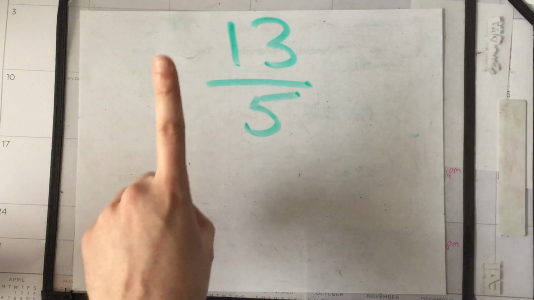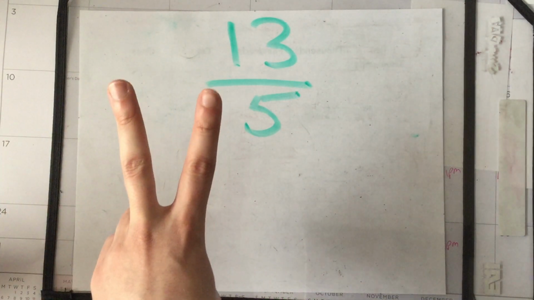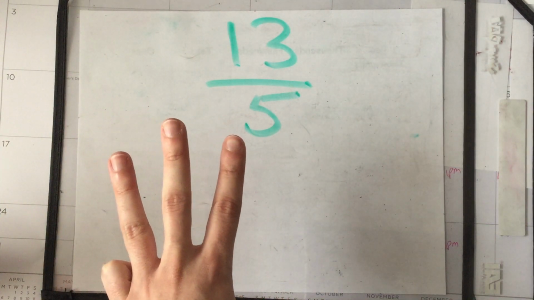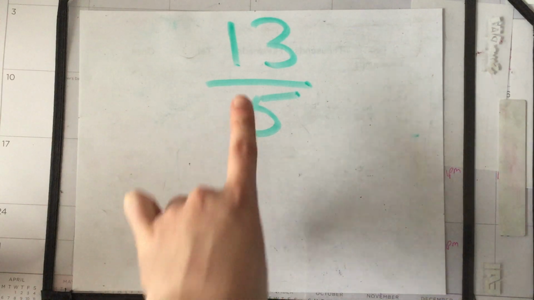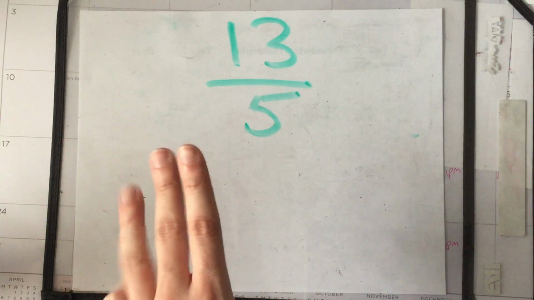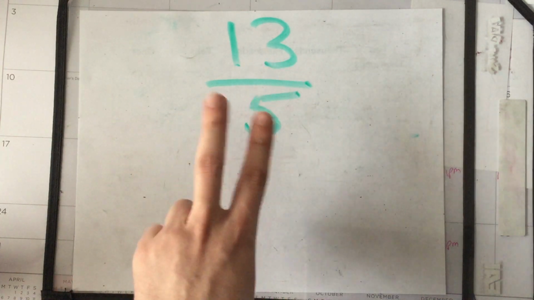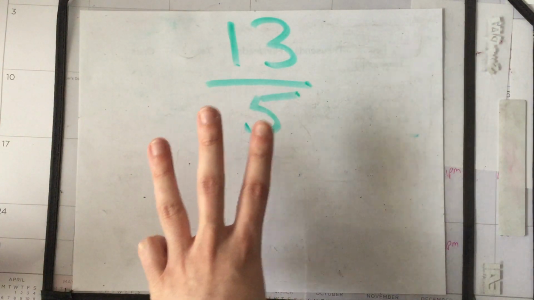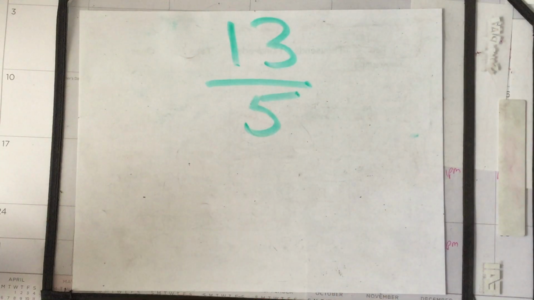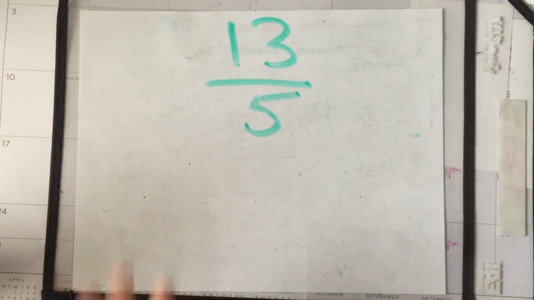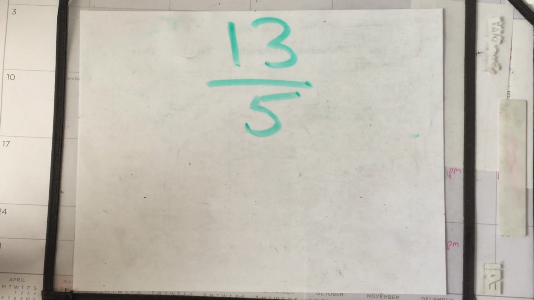So we have 5/5, 10/5, 15/5. Oh, we went past 13. 15 is too much. So we are between 2 complete things and 3 complete things. We need to figure out where we are. Let me grab my black marker.